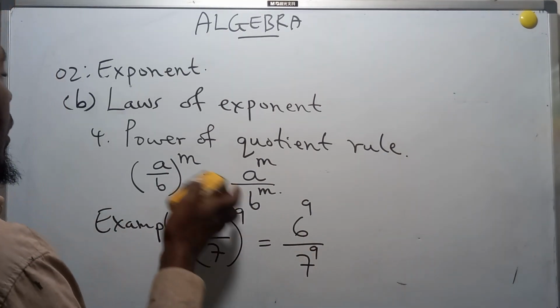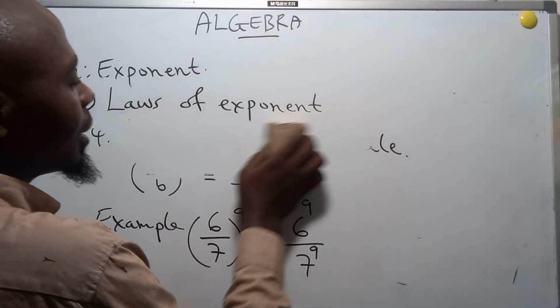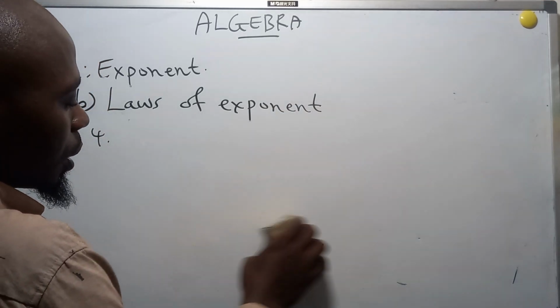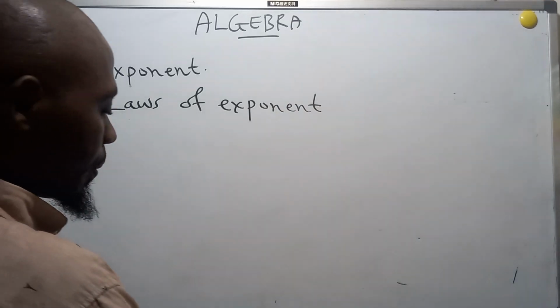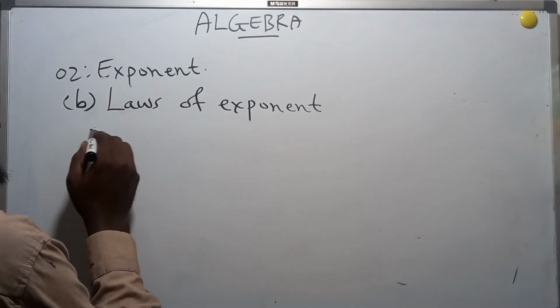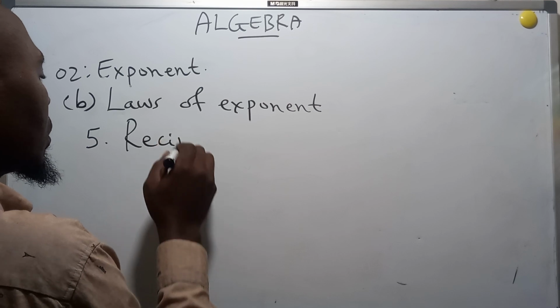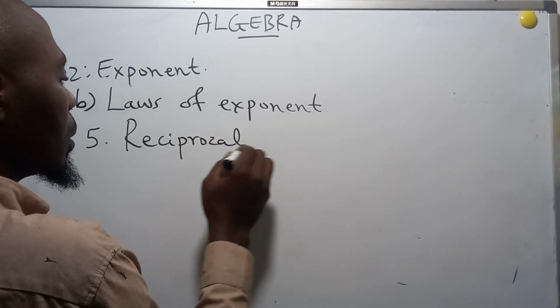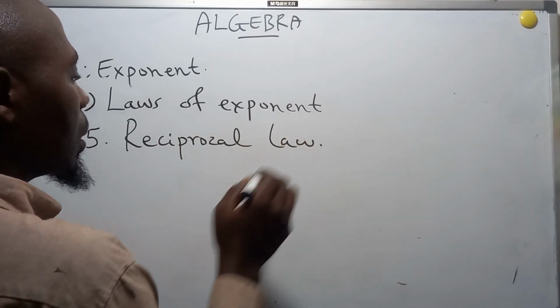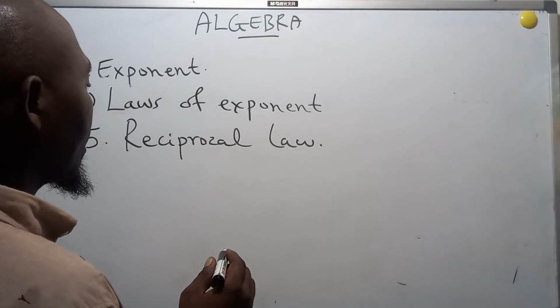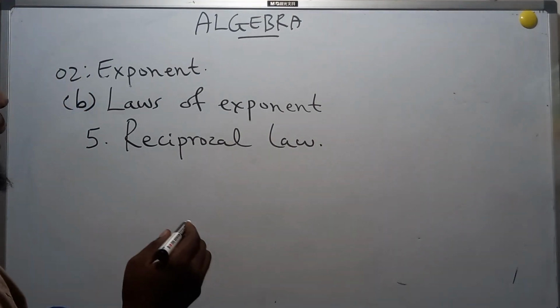Okay, let me continue with the fifth law of exponent, which is the reciprocal law. Can a number have a negative exponent?